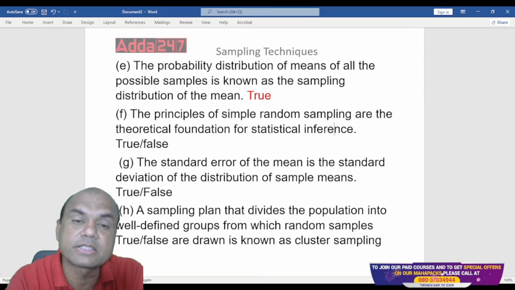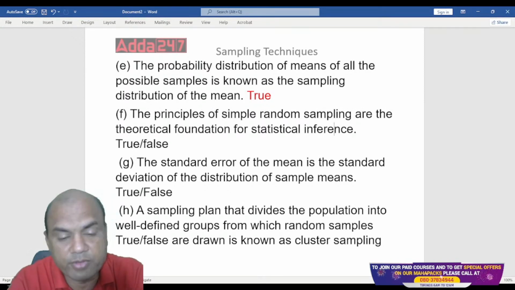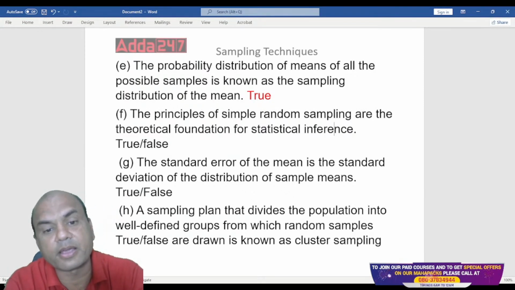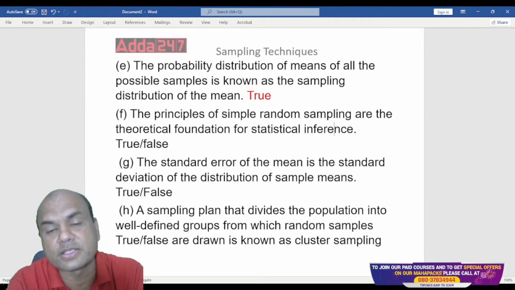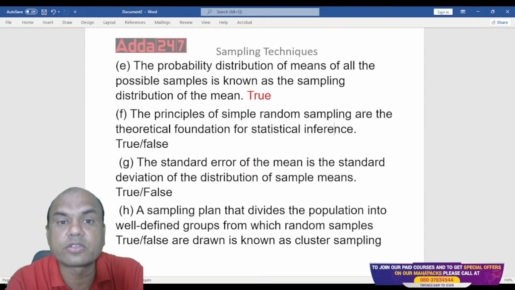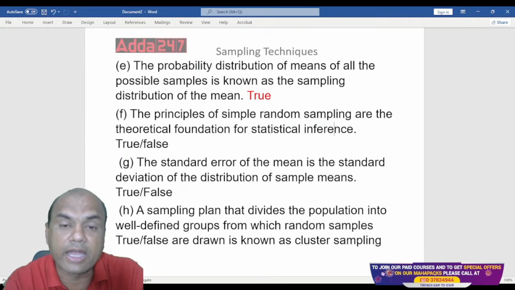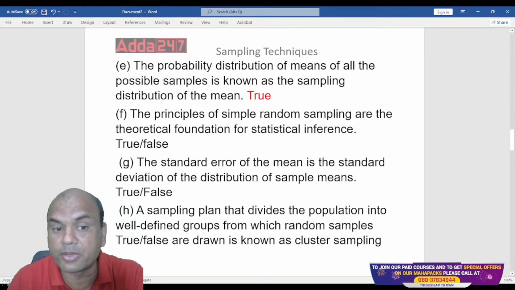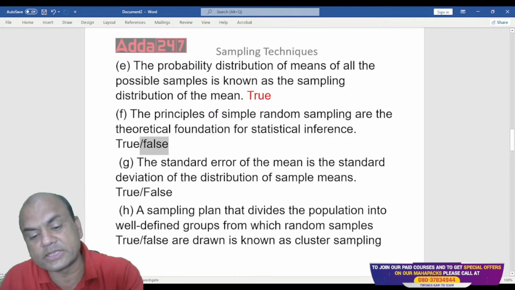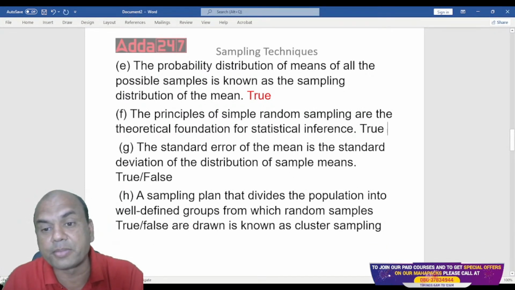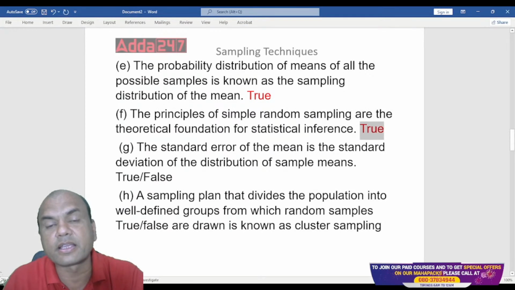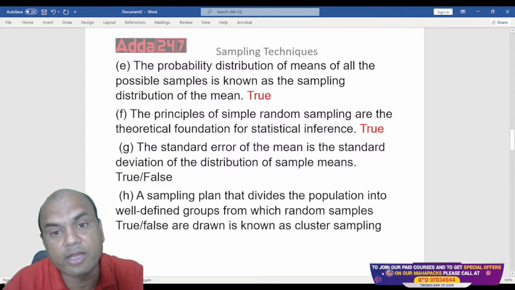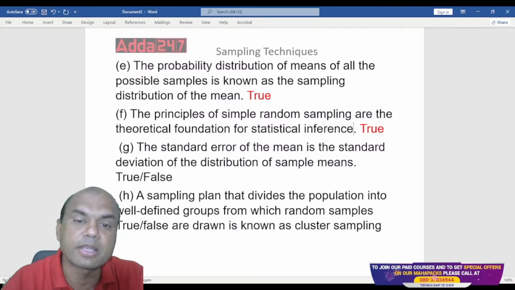Among these four, which one is considered the base of any sampling technique or the base of statistics? Suppose I have to find any inference about a population, the best method is simple random sampling. So that is true. Remember, simple random sampling is the best sampling. All the remaining ones, like cluster, systematic or stratified, come later, but the basic is simple random sampling.